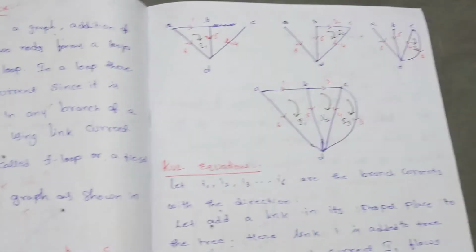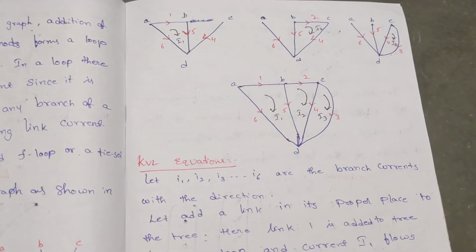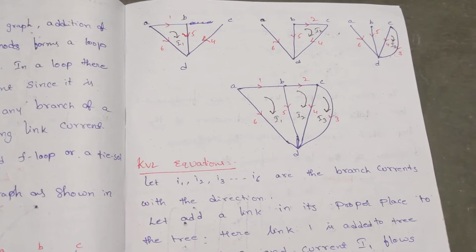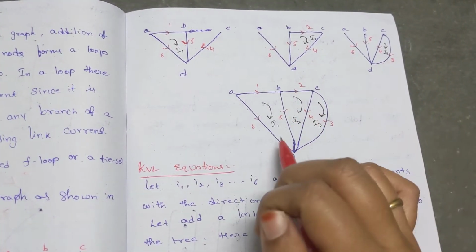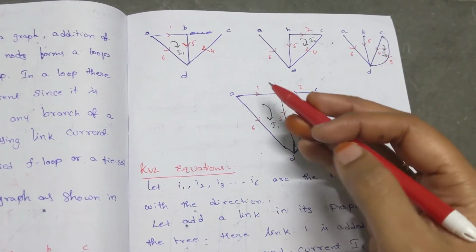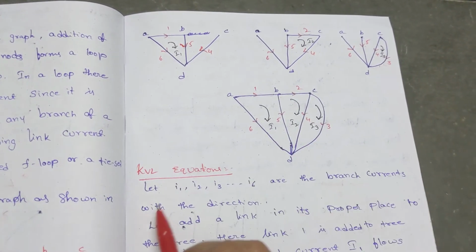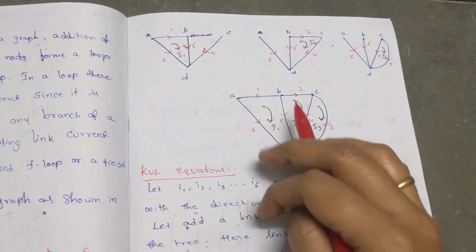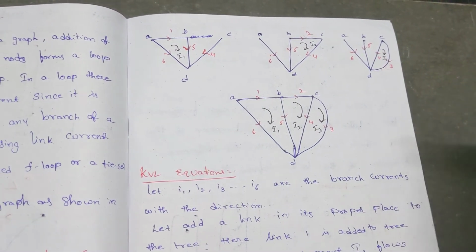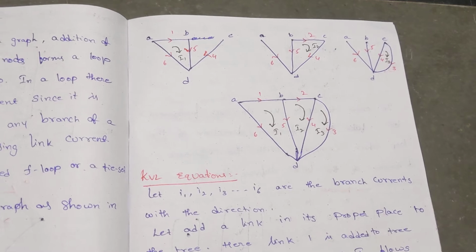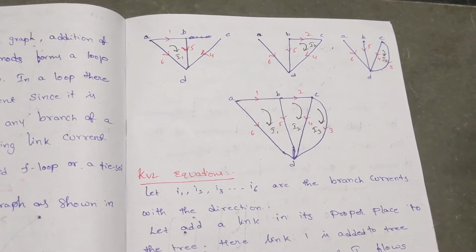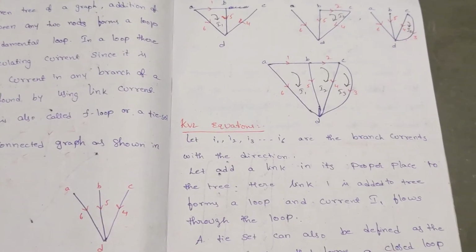For the time being we are assuming the branch currents; in total we are having 6 branches, so we are assuming small i1 to i6 as your branch currents, and capital I1, capital I2 and capital I3 are your loop currents.